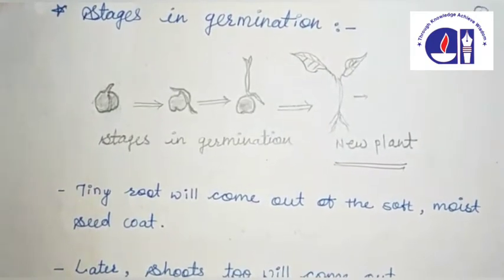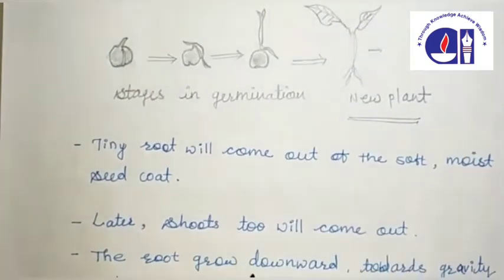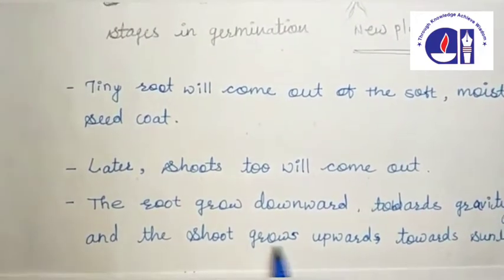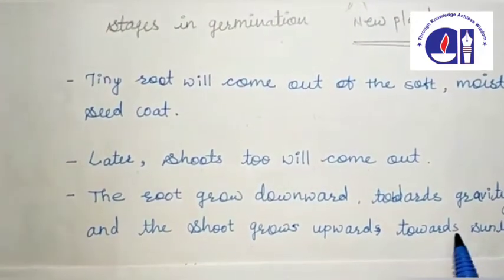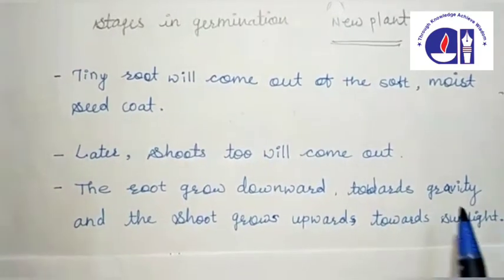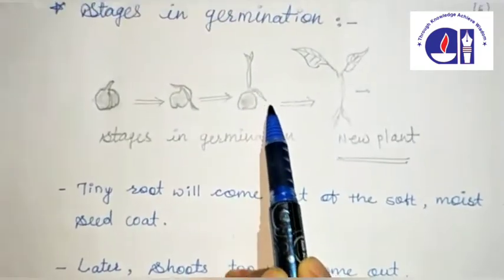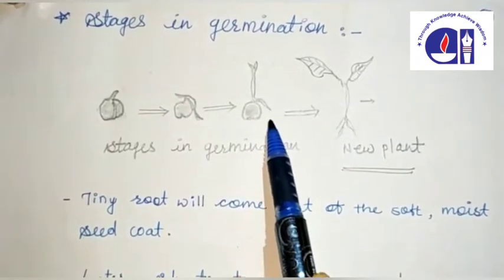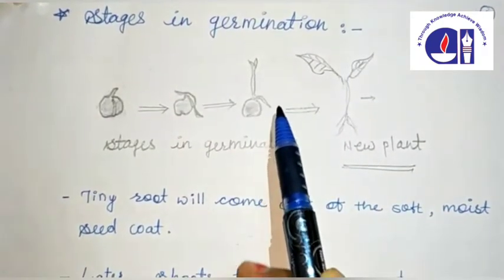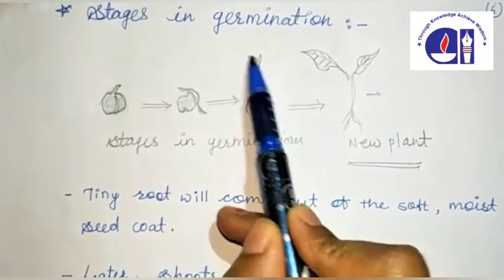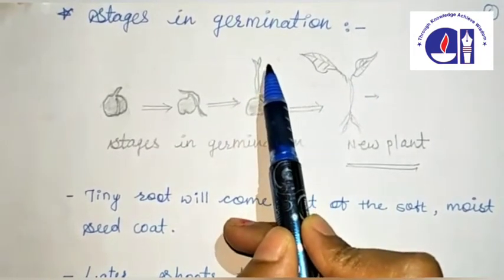See students, in the next stage the root grows downward towards gravity and the shoot grows upward towards sunlight. See in the figure, the root grows downwards towards gravity and the shoot grows towards the sunlight.